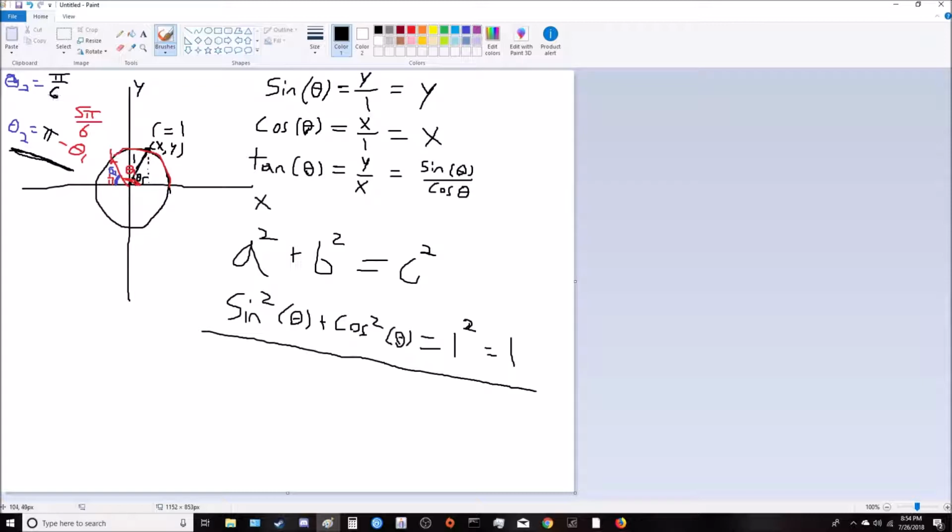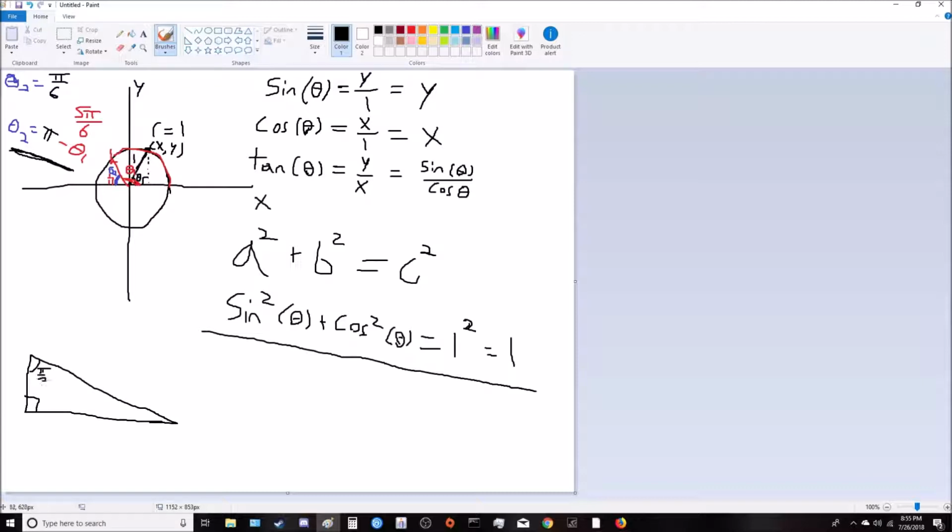And from our special triangles video, we know how to solve for the ratios of this angle. So let's just draw that triangle out real quick. So this is going to be our 30, 60, 90 triangle.